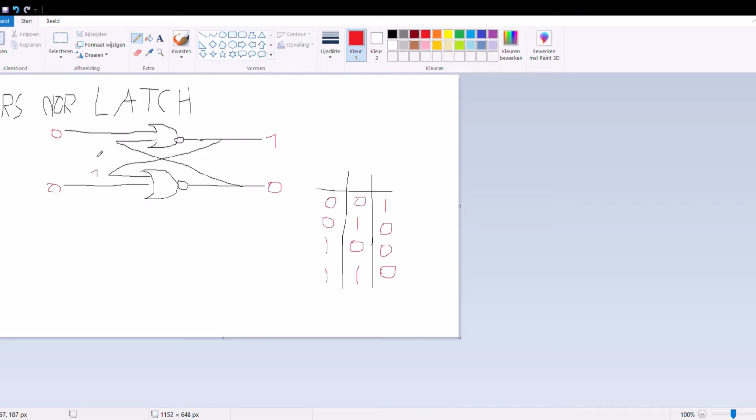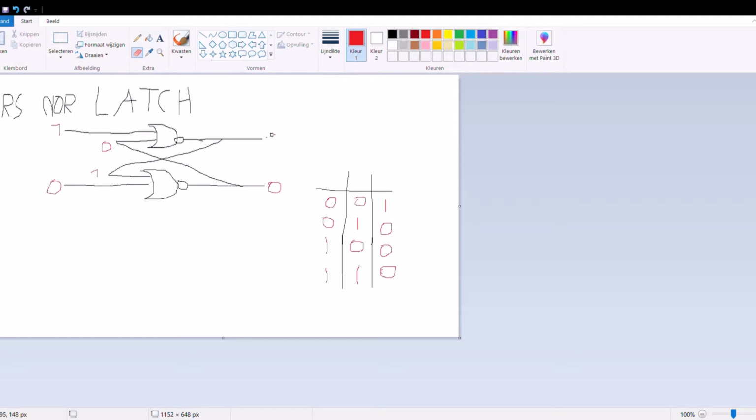Now, if you push this button, if you turn this to 1, nothing will happen. Because if this is a 1, then it's 1 and 1 stays 0. But if the other one becomes a 1, this will be a 0 still, then suddenly 0 and 1, that is a 0.